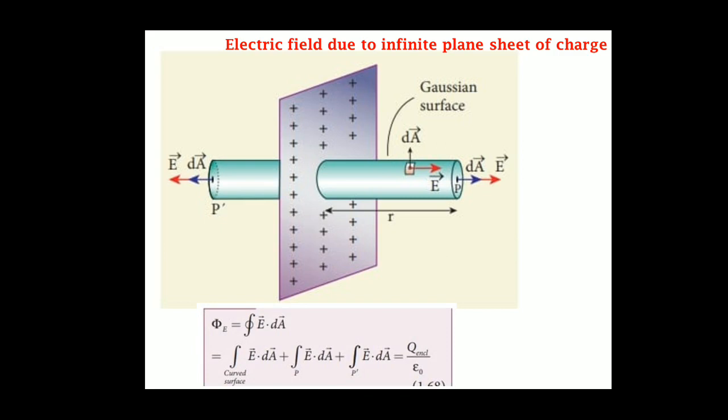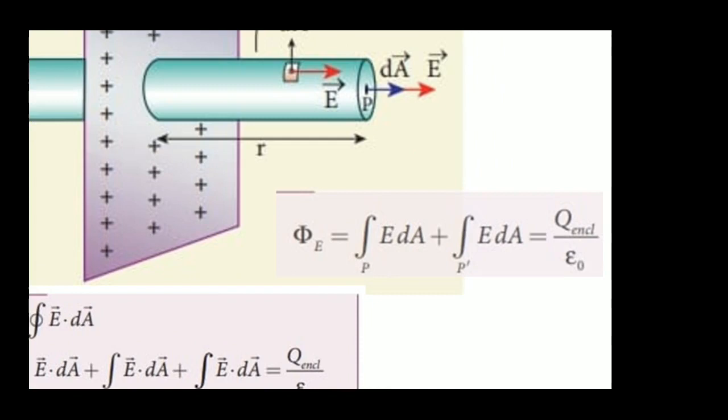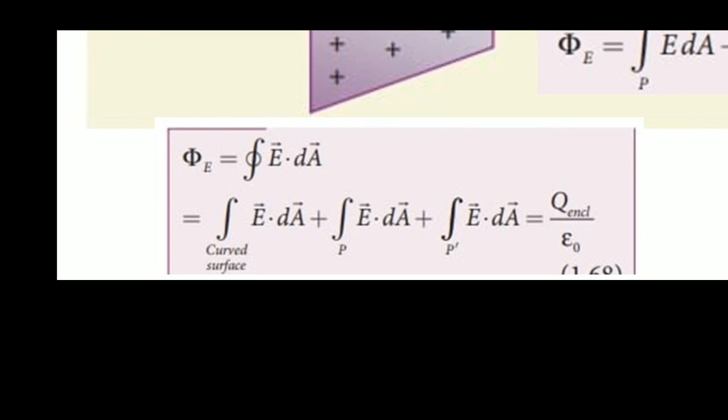Now see here, in this equation I have written it as a closed surface area. This is for the whole thing. Now I have three surfaces. Surface 1 is a curved surface, second one is P, third one is P dash.